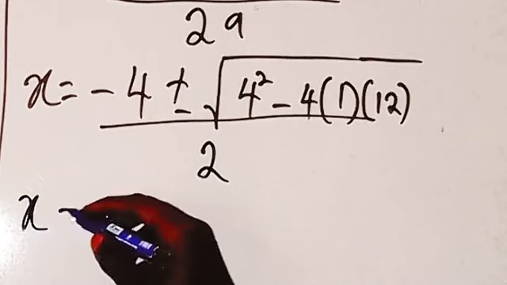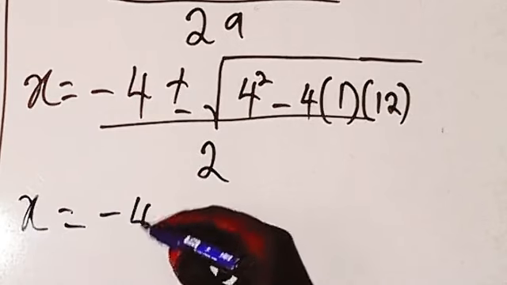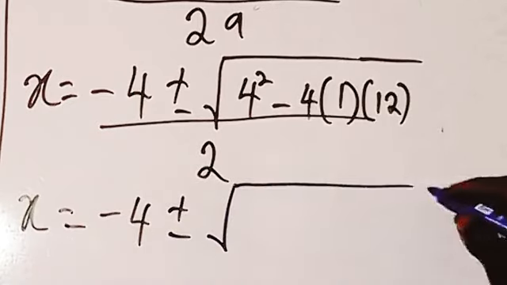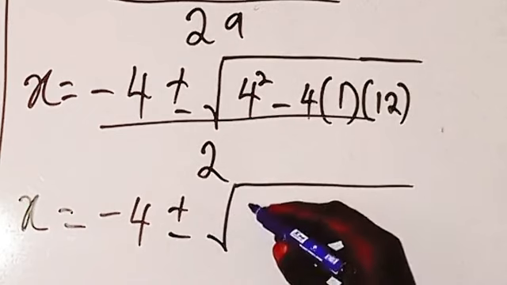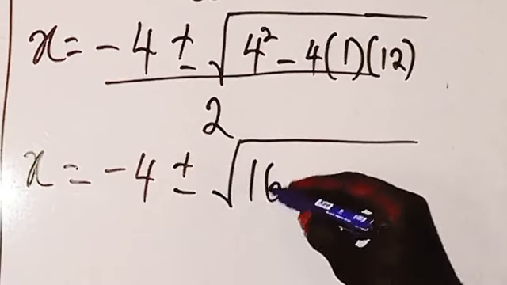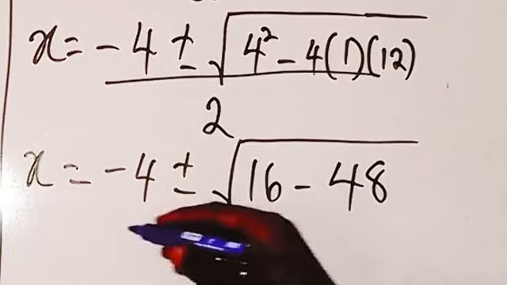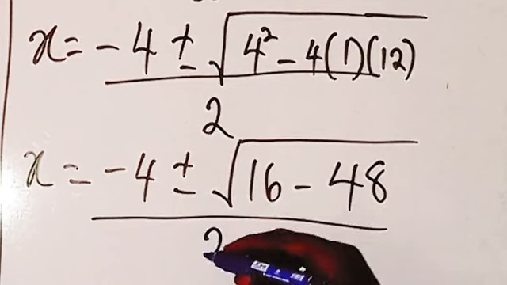So here we have x equals minus 4 plus or minus the square root of 4 squared, which is 16, minus 4 times 12, which is 48, then divided by this.